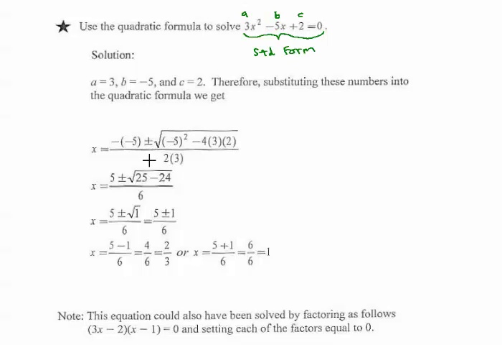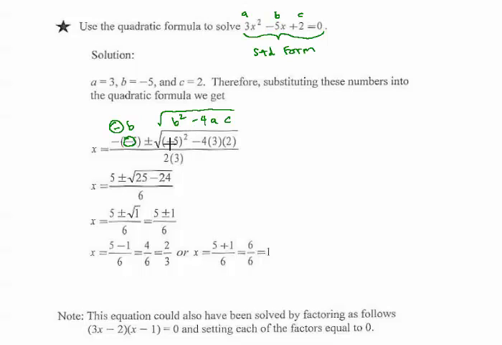Alright, so the quadratic formula is negative b, and so this negative here came from the formula. This negative is just a part of b, the coefficient. So we get a minus here, and then we have plus or minus the square root of b squared minus 4ac. b is -5.